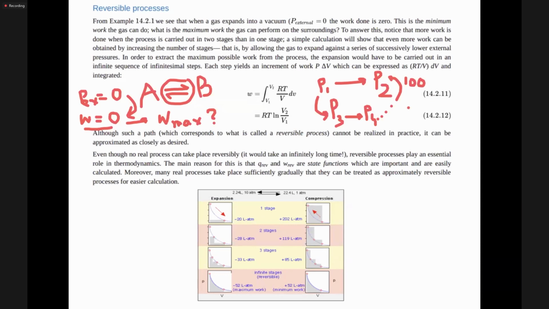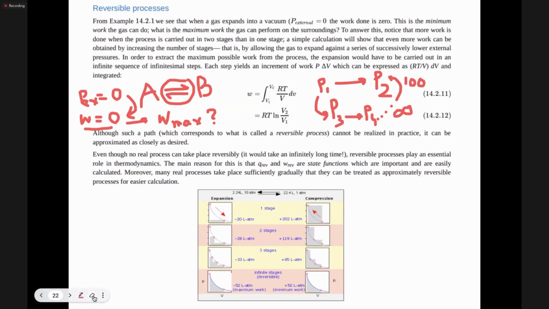So instead of 100, now we will have an infinite number of steps where the pressures will be successively lower, and then each step will yield an increment of work, that is P delta V, and then eventually we will integrate it.